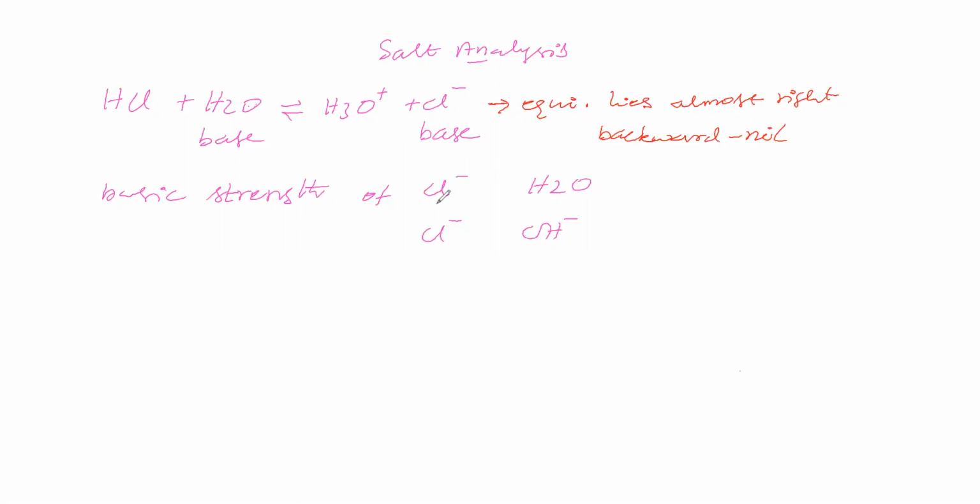Compare the basic strength of Cl minus with that of water. There is no backward, which means its basic strength is lesser or greater compared to water? How will it be?